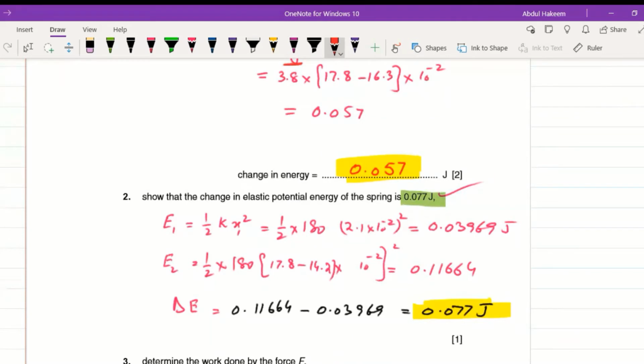And the first answer is 0.0396. Now the second energy, 1 by 2 k x2 square, 1 by 2 times 180, and the final length minus the initial length, 17.8 minus 14.2 centimeter, to meter, 10 power minus 2, square. And then the difference of these two is the change in elastic potential energy.